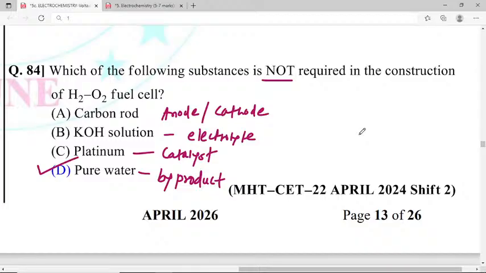KOH solution as the electrolyte. Platinum acts as a catalyst. And pure water as a byproduct. So there is no role of the pure water in the construction of H2O2 fuel cell. Understand? Everyone get it?